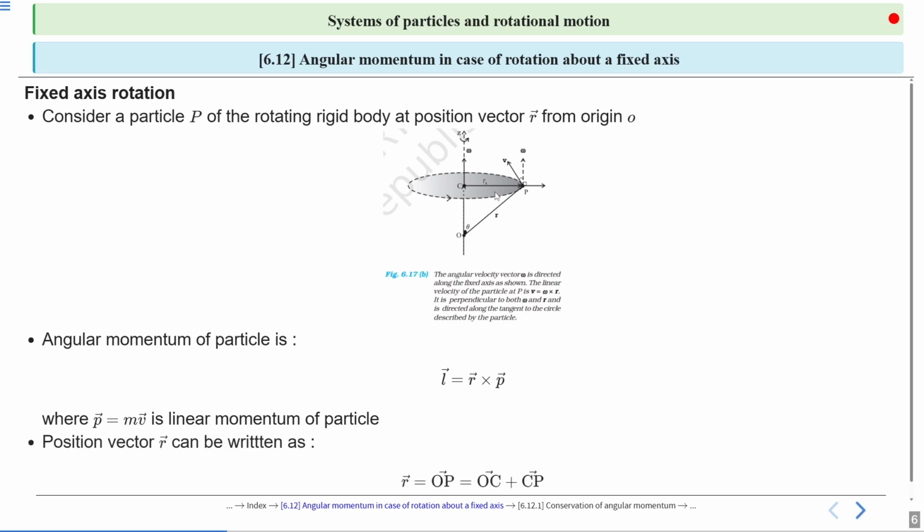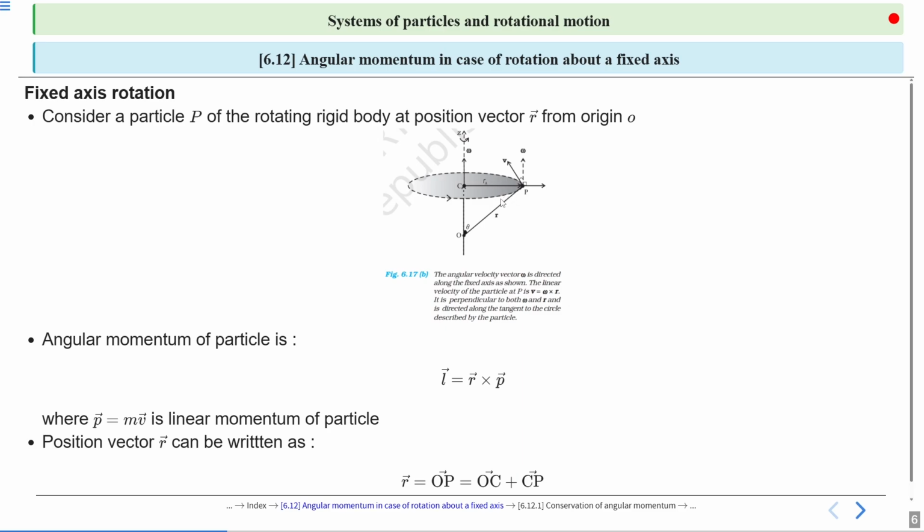Now the important point is this. The position vector r can be written as r vector is equal to OP vector, which is equal to OC vector plus CP vector. Yes or no? OC plus CP is equal to OP vector.